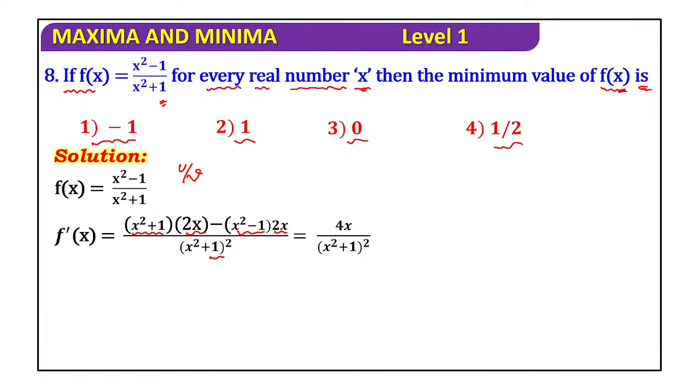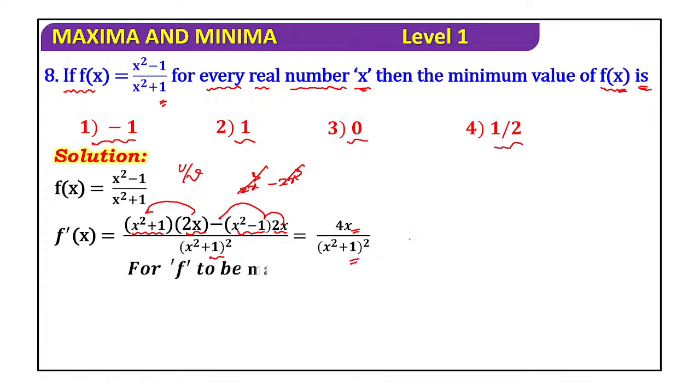Now if I simplify, you get 2x cube, minus into minus plus 2x, and 2x into x square will be minus 2x cube. The 2x cube and minus 2x cube will cancel, and the remaining term will be 4x divided by (x square plus 1) whole square.